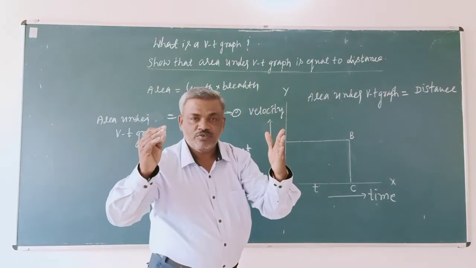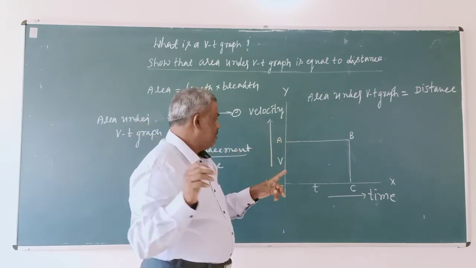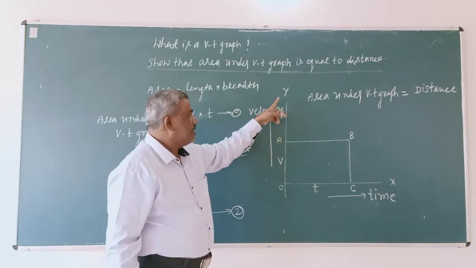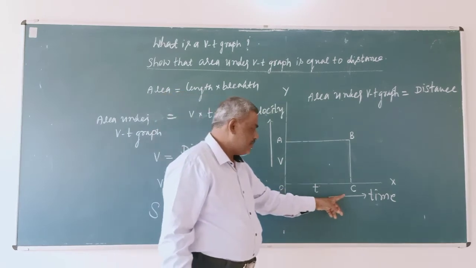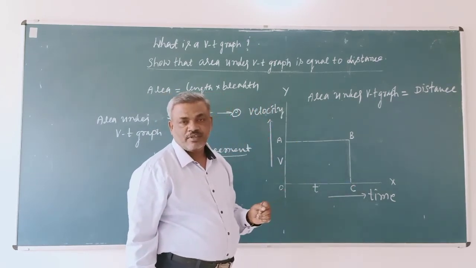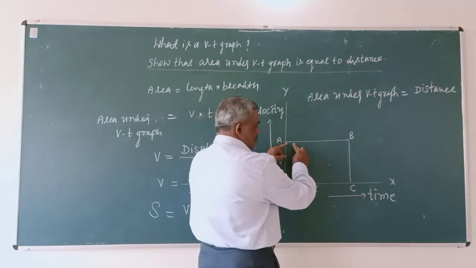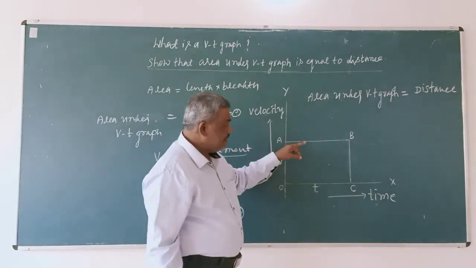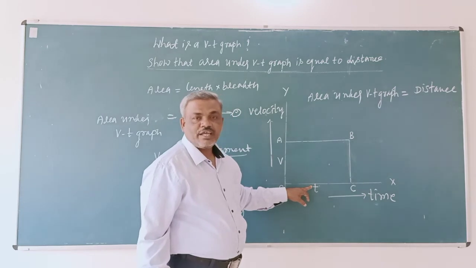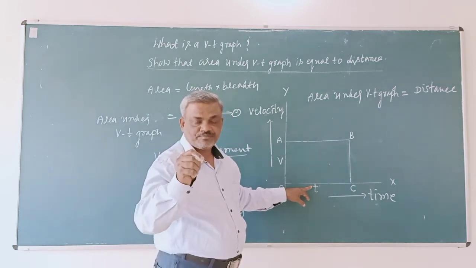So how to prove the above equation? Velocity is taken along the y-axis, time along the x-axis. For a body moving with uniform velocity, this is A. The line AB is parallel to the x-axis.